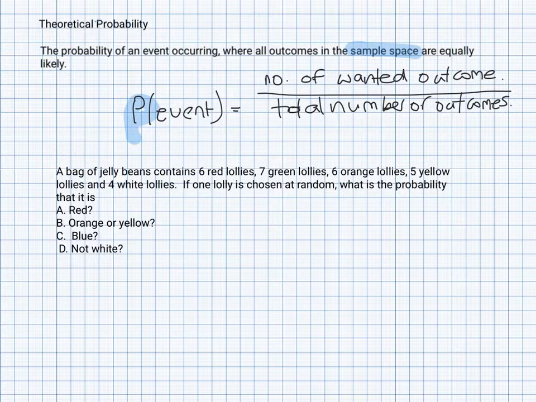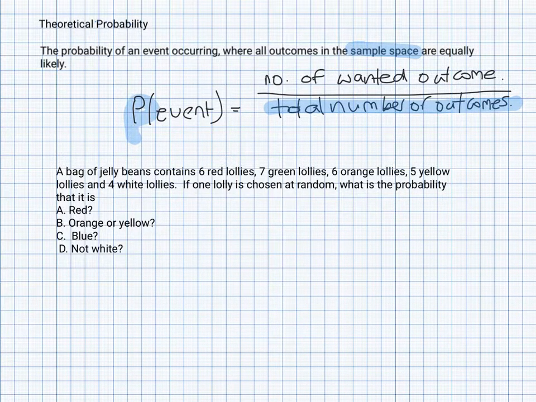But before I do that, the total number of outcomes is going to be the same number for all my different sums, so I'm going to work that out first. That's often a really good idea before you get into these. So my total number is going to be adding up all the different types of lollies we've got.